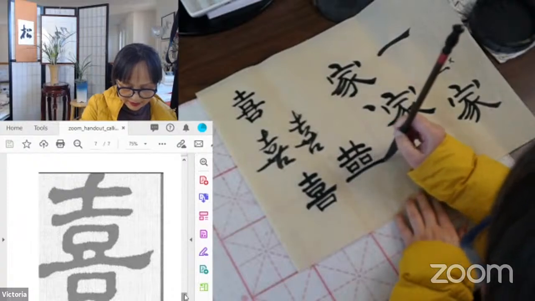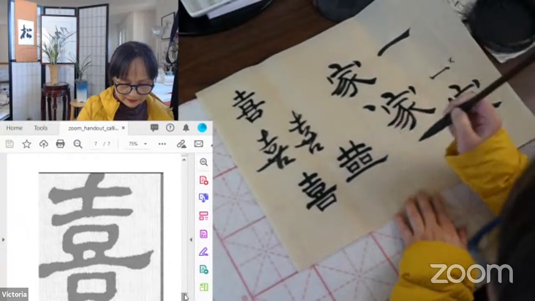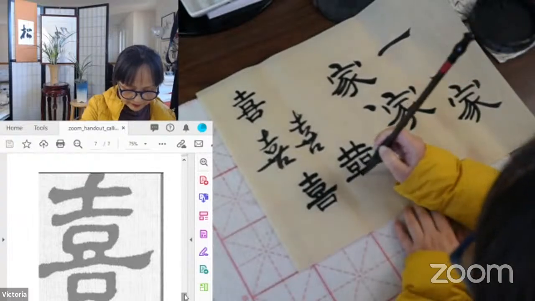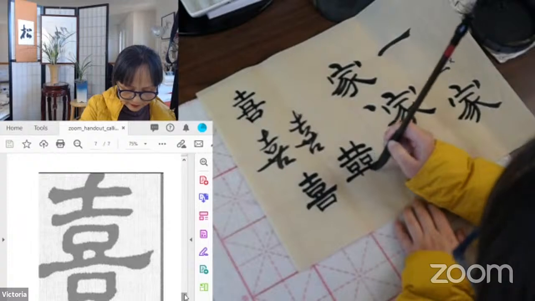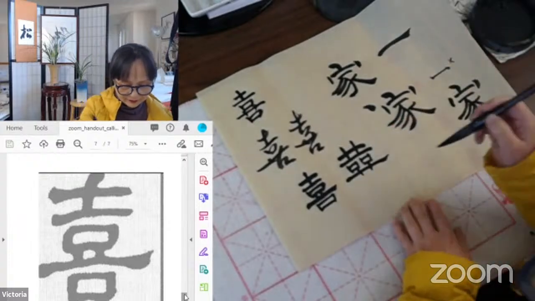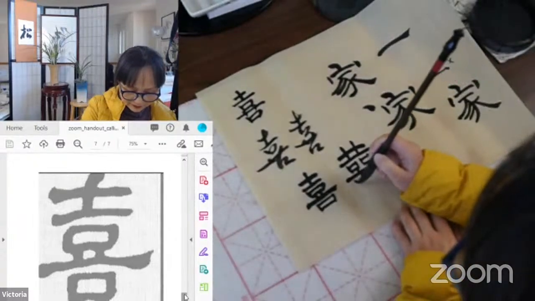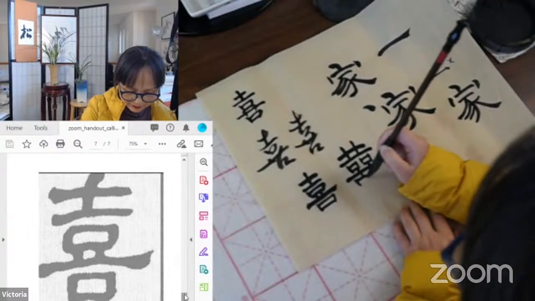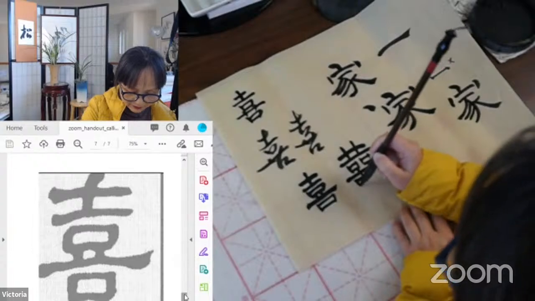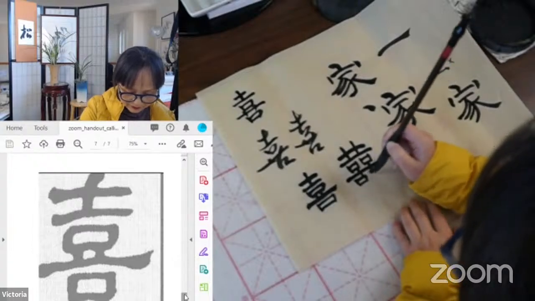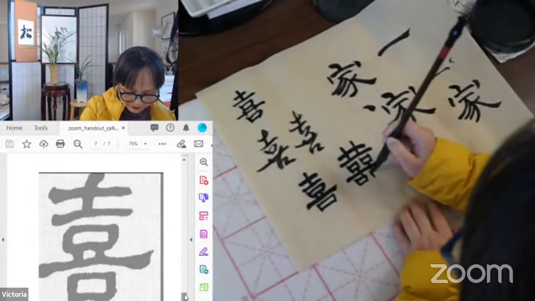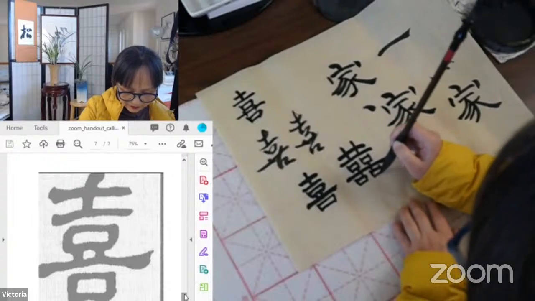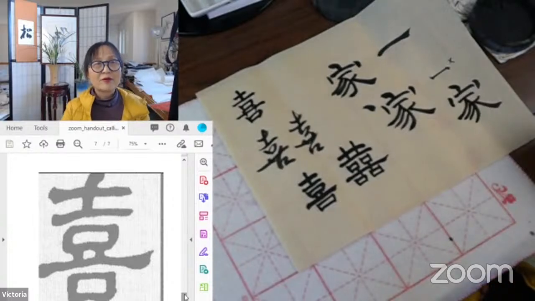Big flying stroke here, same thing, as the double happiness.